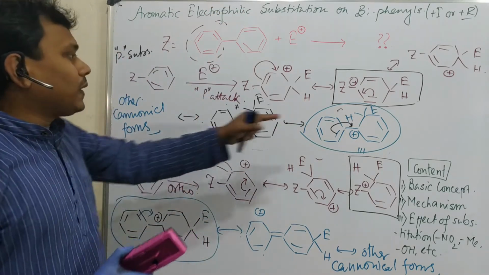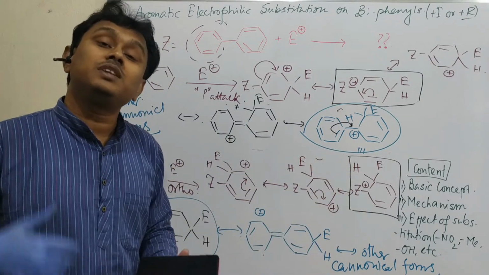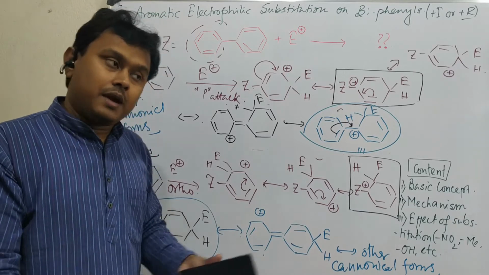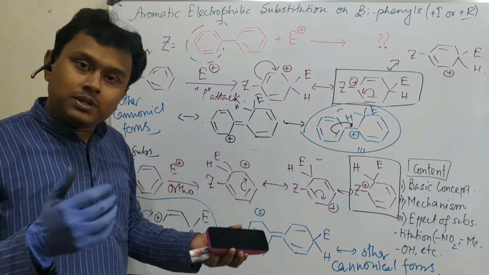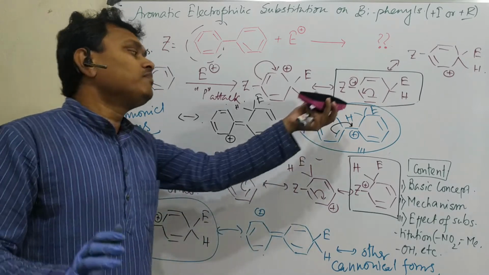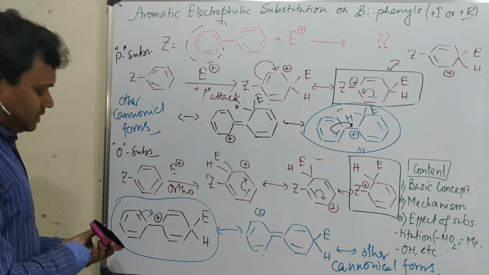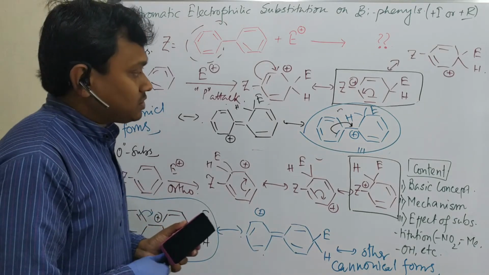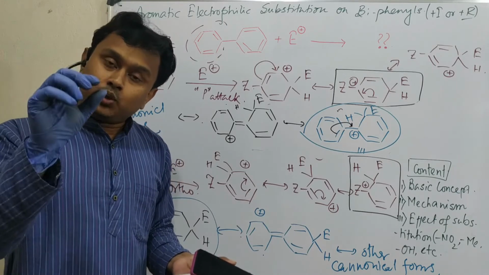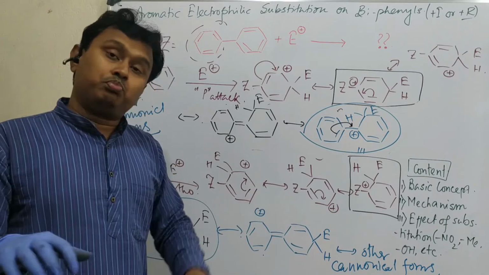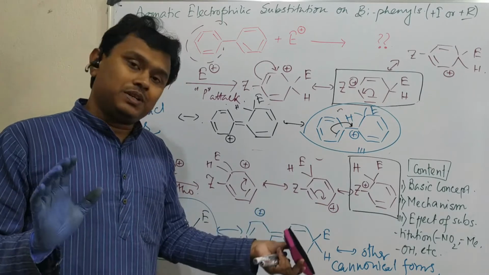In case of ortho and para, there is some stabilization. Now the question is, which one is more? If the extent of stabilization is more, then the reaction will probably follow that path. I suggest you please keep it in mind, many times people come to a right explanation via a wrong way. So try to keep this explanation properly in your mind.